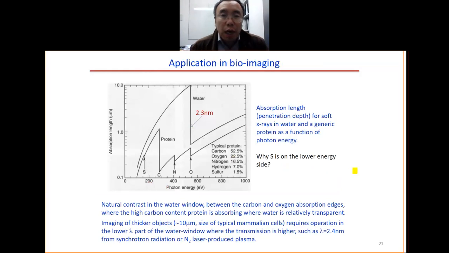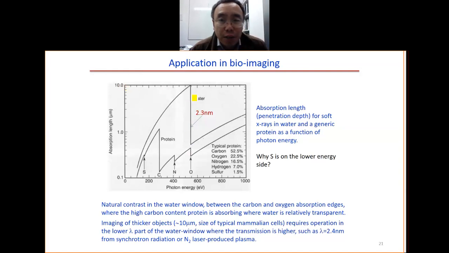So here's the idea for bioimaging. For a typical cell, there will be water. There is also the protein in the cell. Here is the absorption loss for the water and the protein. You can see if the X-ray energy is at this spot here, then the water penetration goes to about 10 micrometer.